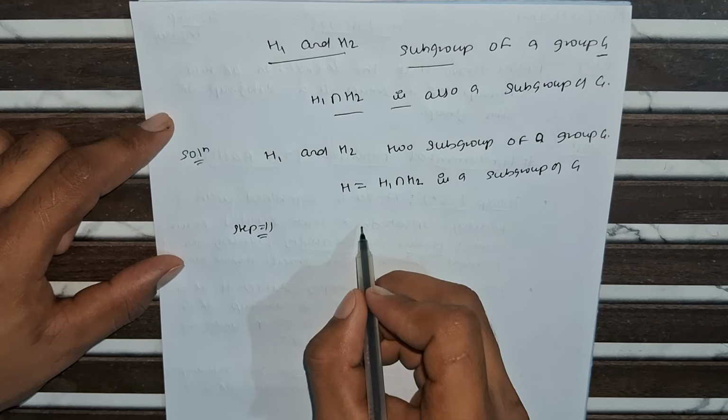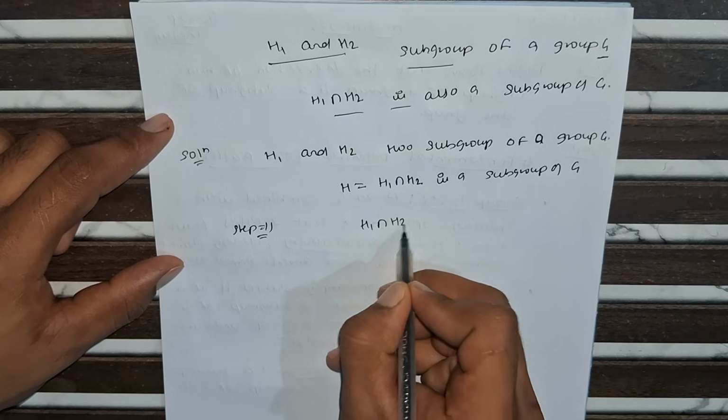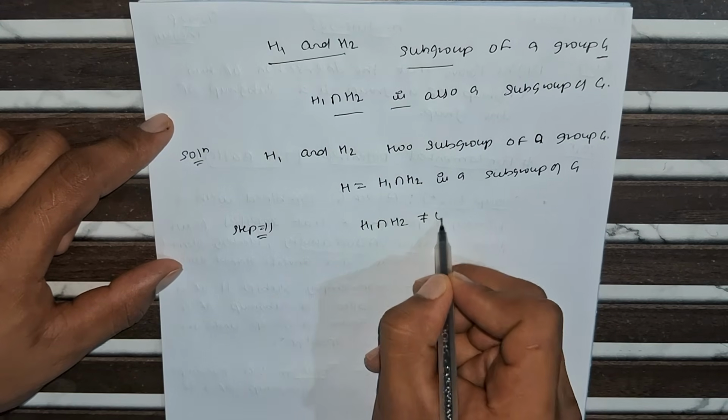It means H1 intersection H2 should not equal the empty set.